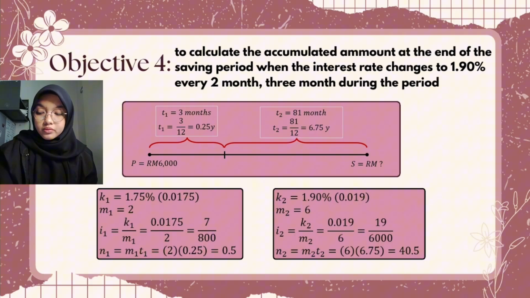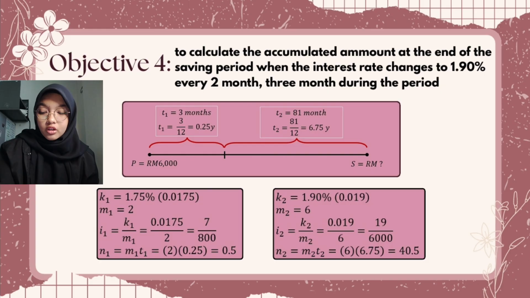K1 equals 1.75% or 0.0175. The frequency M1 equals 2. I1 is K1 over M1 equals 0.0175 over 2 equals 7 over 800. N1 is M1 multiplied by T1, so 2 multiplied by 0.25 equals 0.5.